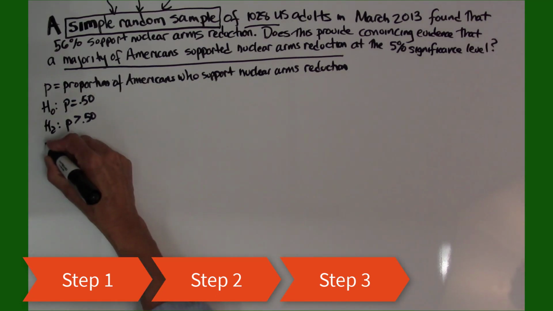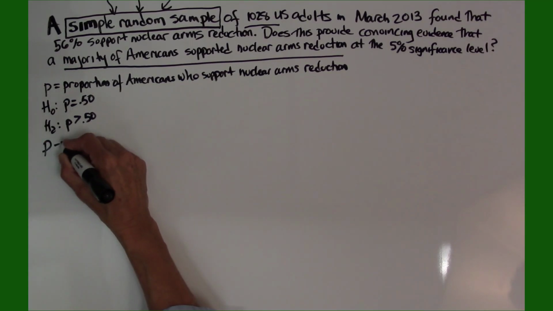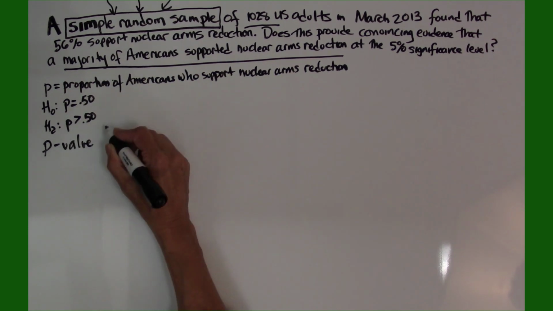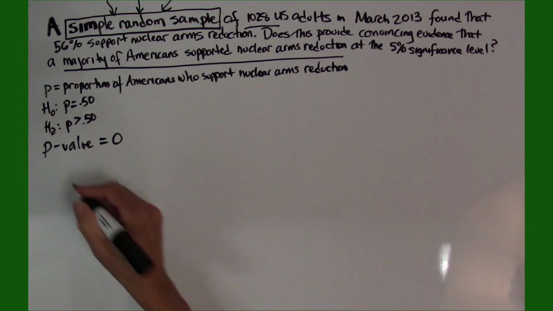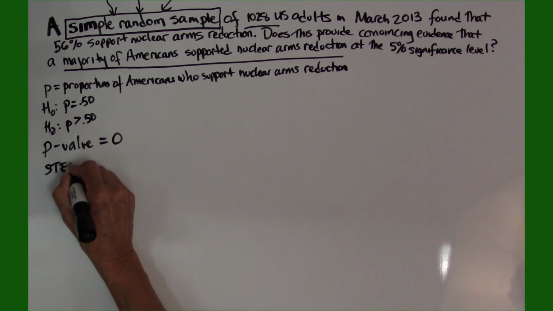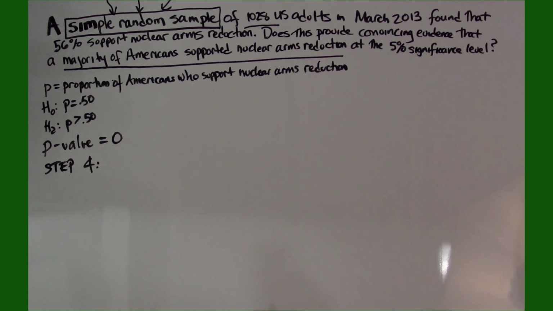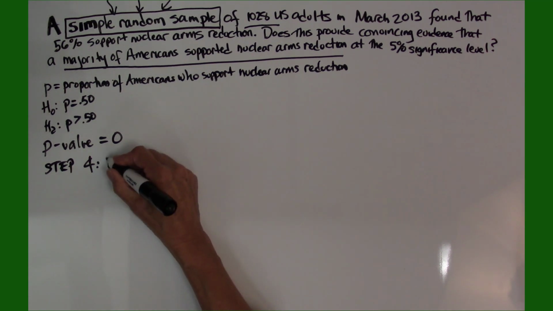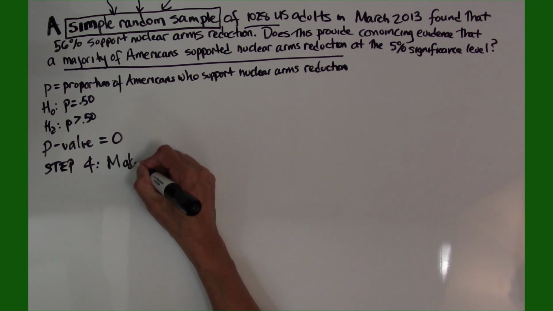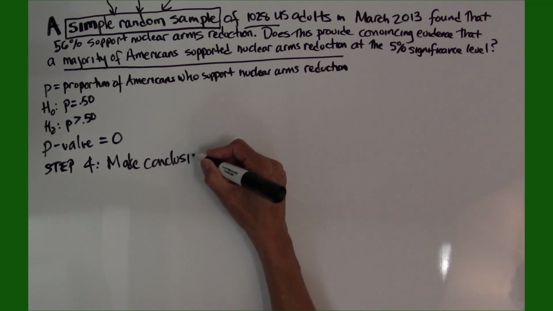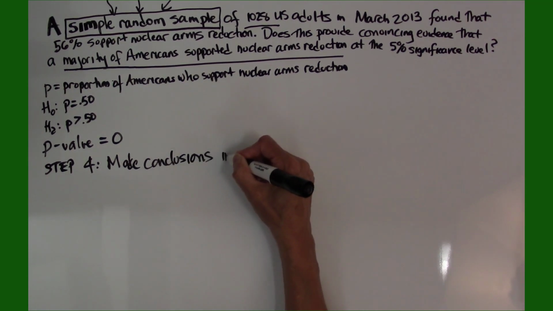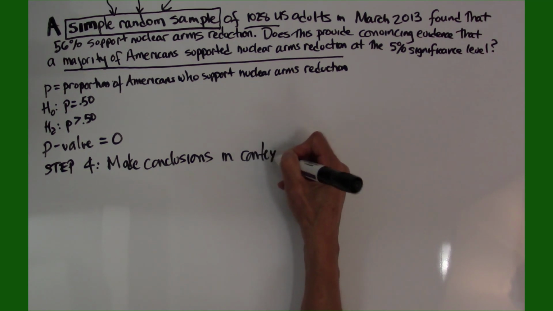From step 3, we found our p-value. Our p-value is 0. Let's move on to step 4. In step 4, we want to make conclusions in context.